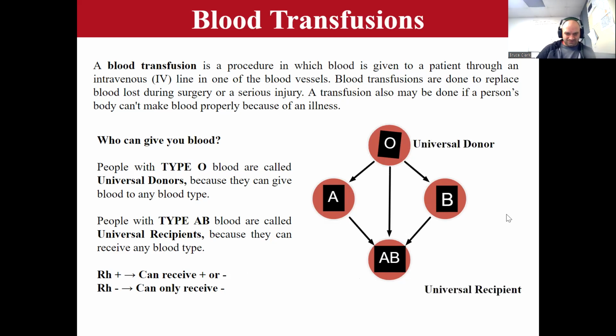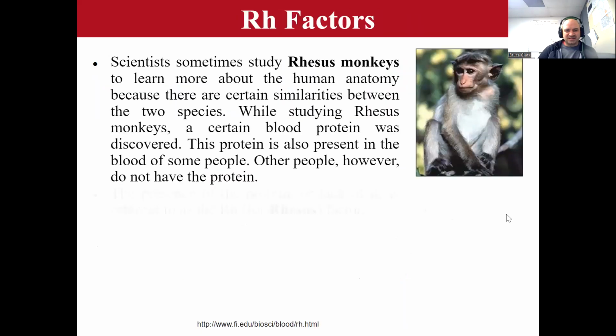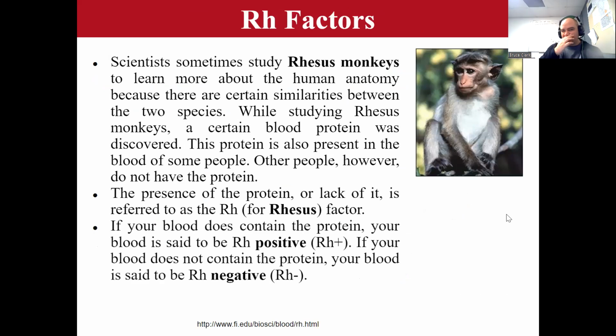We also have positives and negatives with our blood. You do not need to know any of this, but another marker is the RH factor that we identified in the rhesus monkey. If you have that, that means that you're positive. So my blood type is A positive.